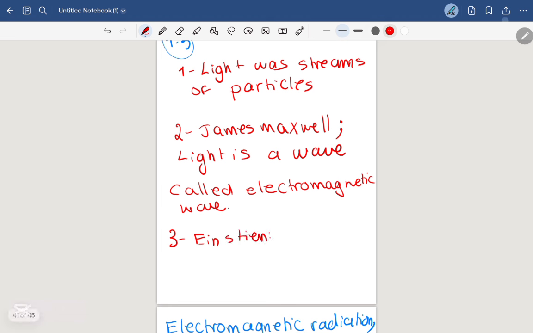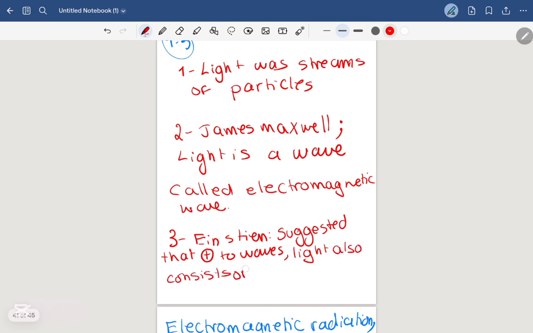He suggested that in addition to waves, light also consists of particles, or bodies, or photons.